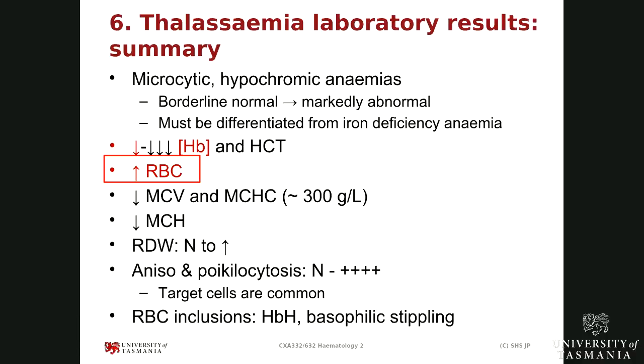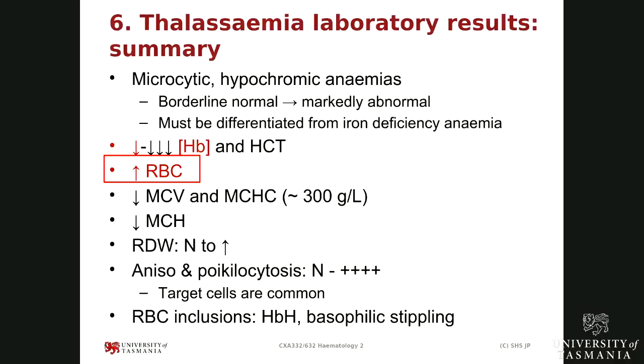You will see red cell inclusions if you have the more clinical forms of alpha thalassemia. You will have the unpaired beta chains precipitating and forming hemoglobin H. And if you've got one of the more clinical forms of beta thalassemia, then you will get basophilic stippling.